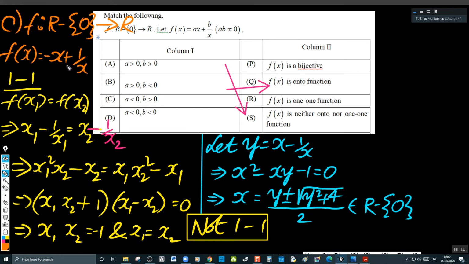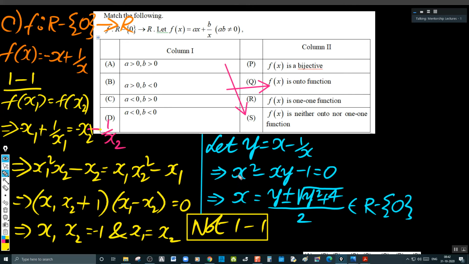In a similar manner, if you simplify, what do we get? x1 x2 minus 1 and x1 is equal to 0. Same you'll get, makes no difference. So it is not one-one also.